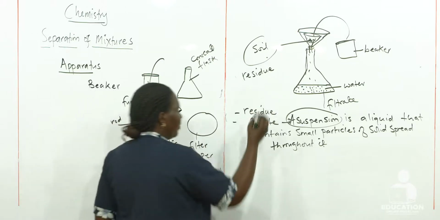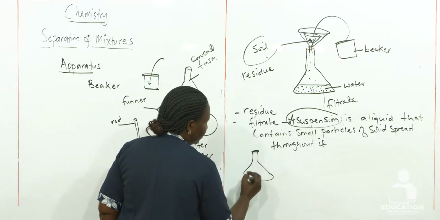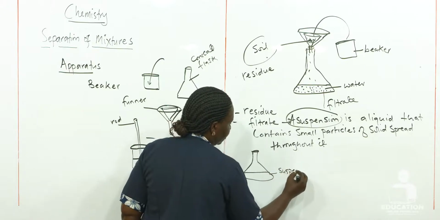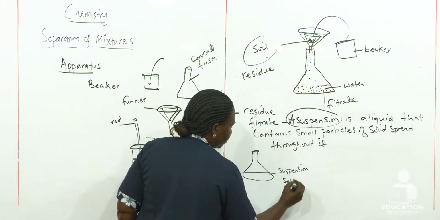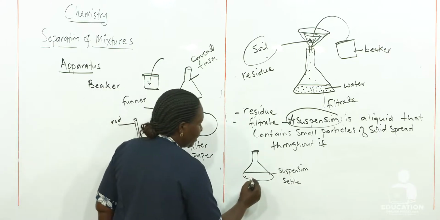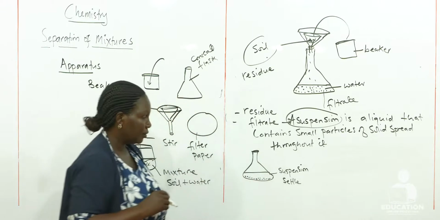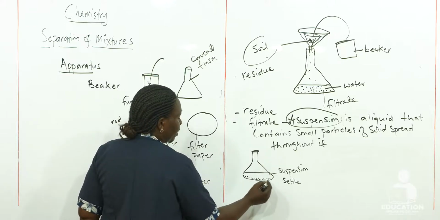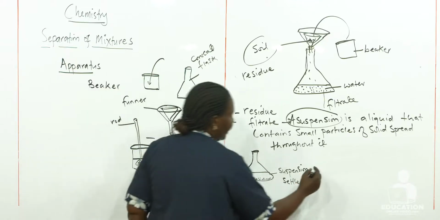Then we will leave the filtrate, that is the suspension, within the conical flask. We give it time to settle. Once it settles, the solid particles will come at the bottom of the conical flask. Then we can use decantation.